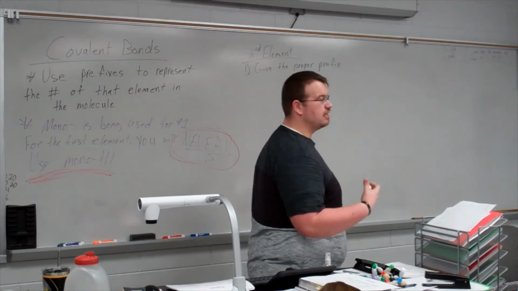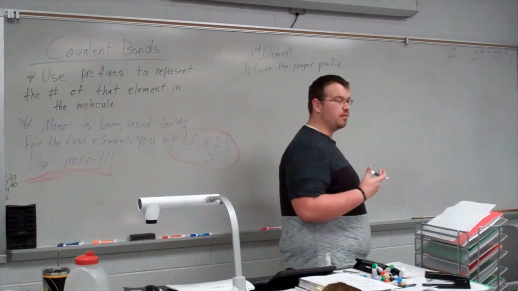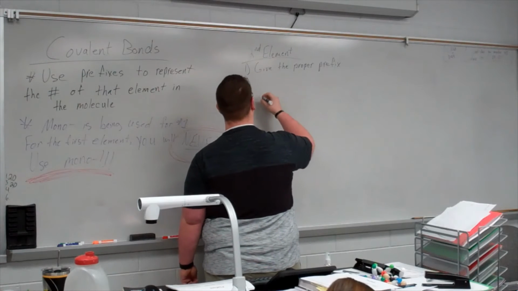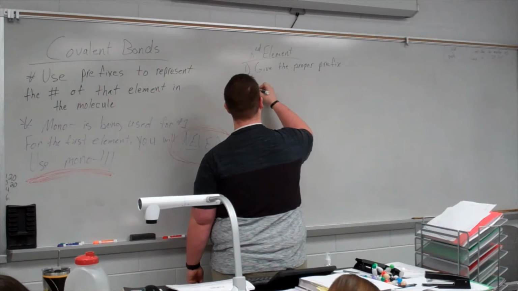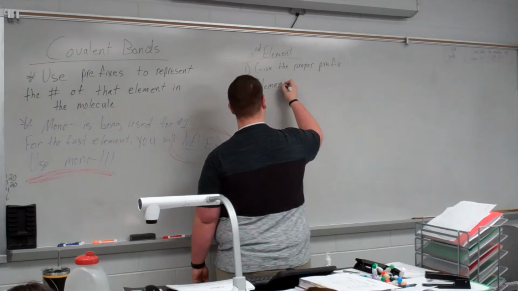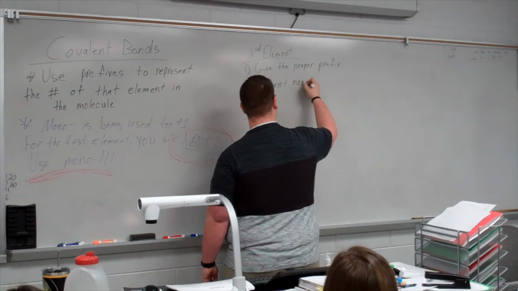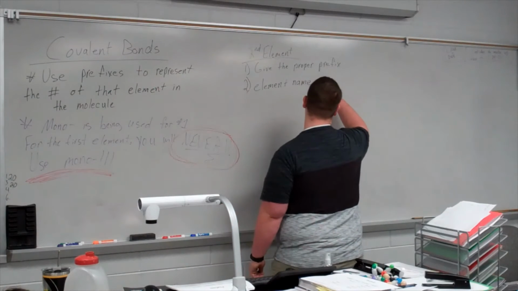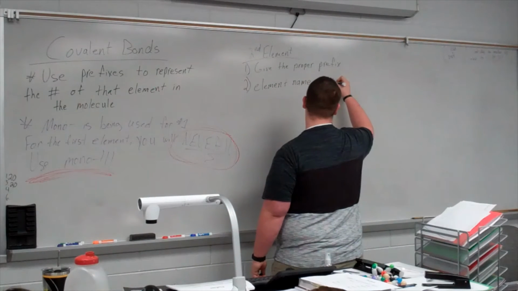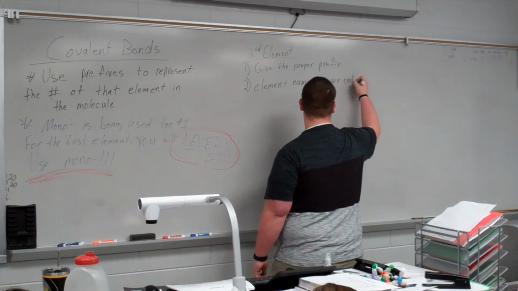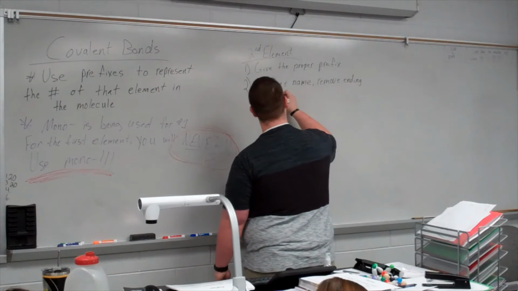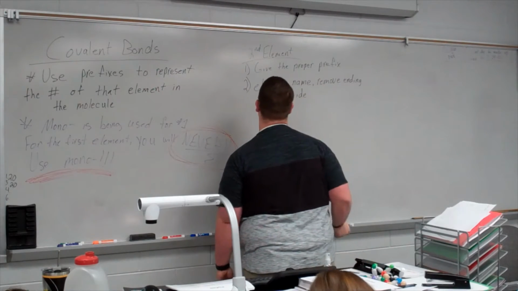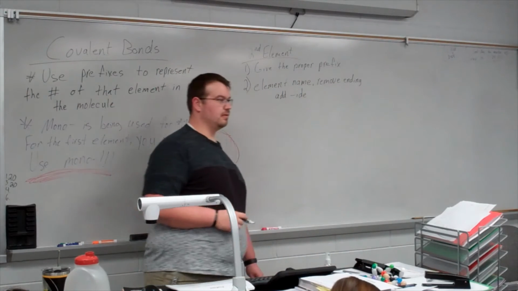Every one of them, you've got to tell me, because it's telling me the number there is. And then second, you will give the element name. And you're already used to this. Remove the ending. Add ide. All right.